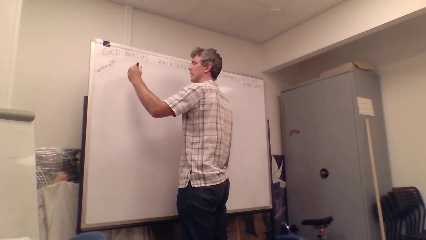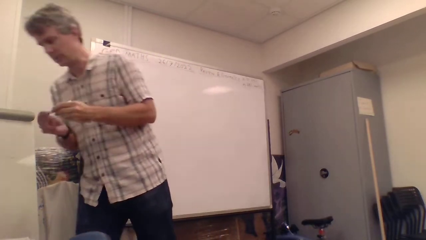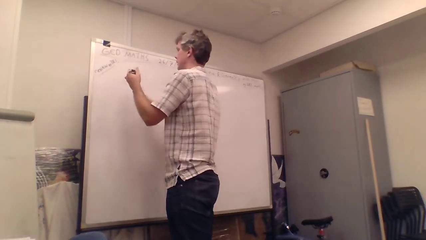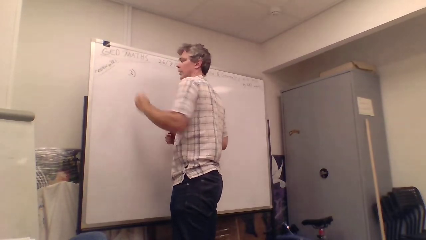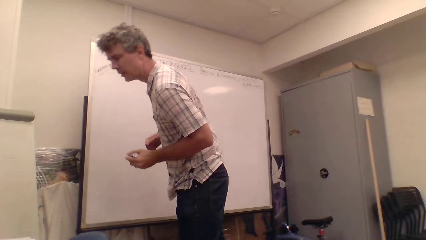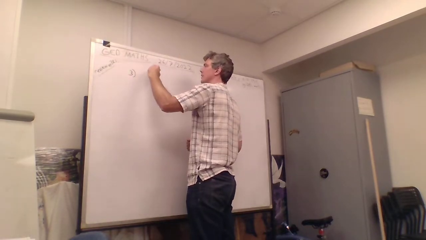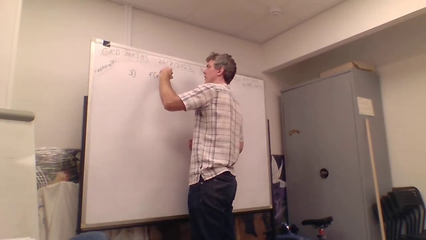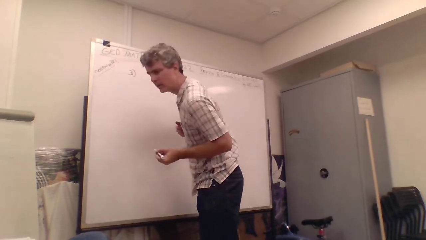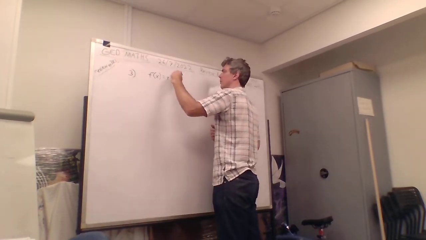So that's number 3. There we go. Okay, so number 3 is f of x equals x squared plus 4x plus 4.